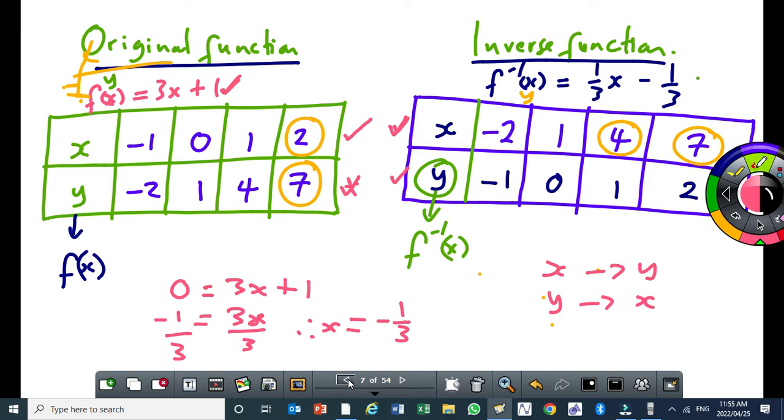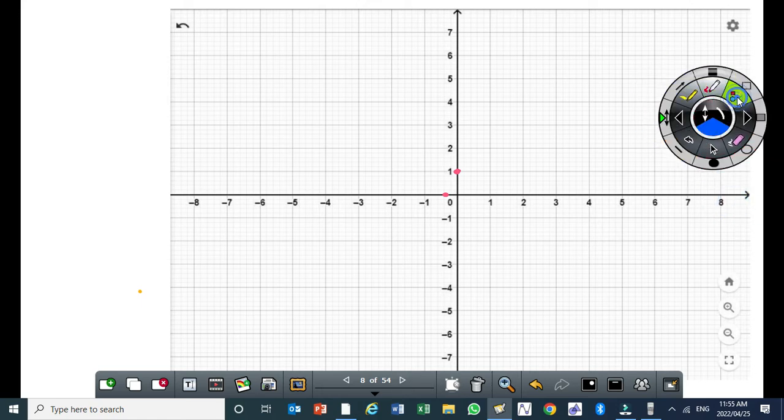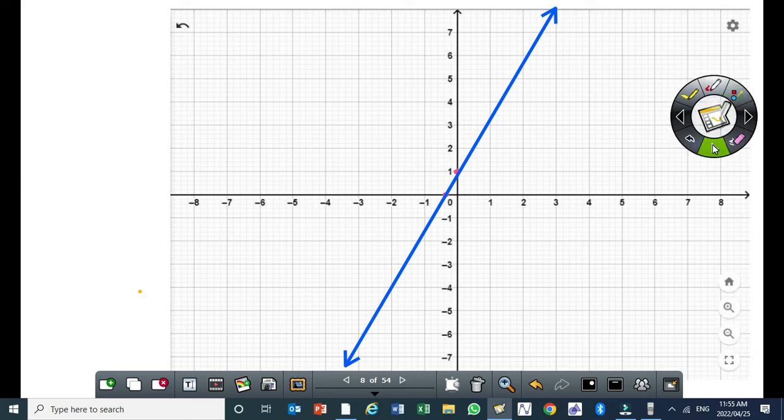Listen. So we've got x equal to minus a third. Then we go to the graph. In this case, I had to approximate the position of minus a third. So it's somewhere there. Then I need to draw my graph. Make sure you look well. Let me use blue for that. So I'll start somewhere at the bottom here, and then I'll draw my straight line. Let me just move it a little bit to the left.